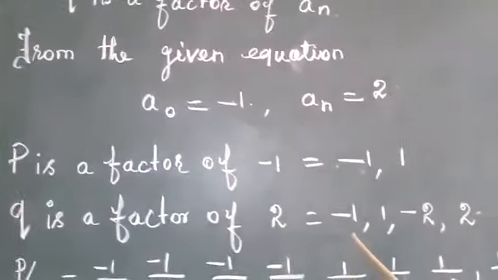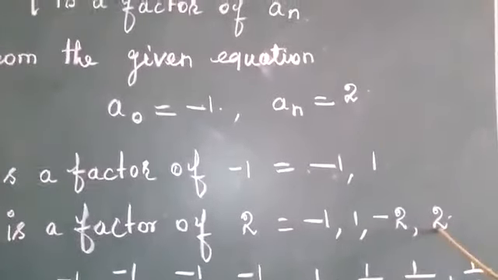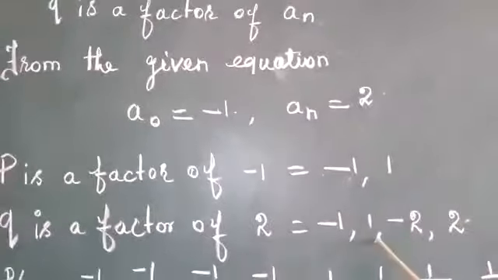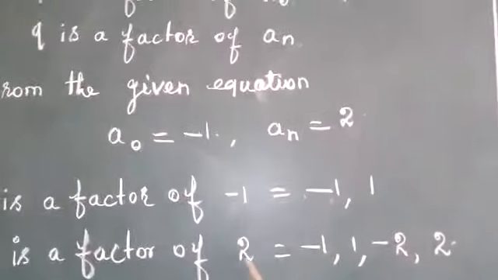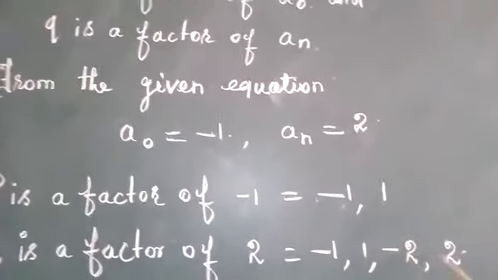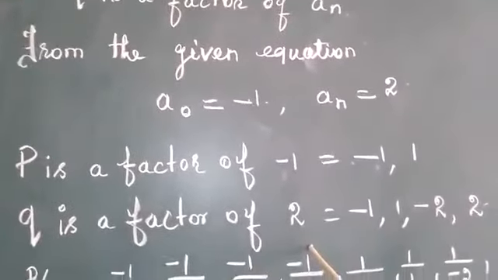The numbers must be minus 1, 1, minus 2, 2, because 2 can be divided by minus 1, by 1, by minus 2 and by 2. So these are all the possible values of q which can be a factor of 2.